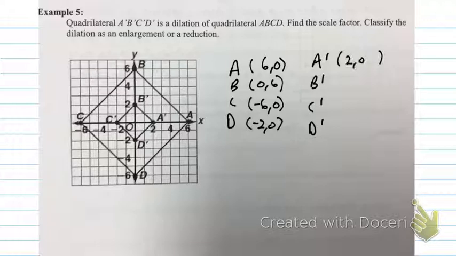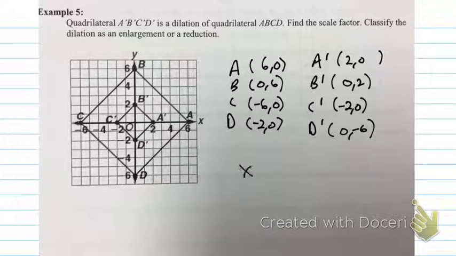And I get 2, 0, 0, 2, negative 2, 0, and 0, negative 6. So what happened to all my points? 1/3. From x, y, it went to, everything's a third, right? Yes. So 1/3 x, 1/3 y.